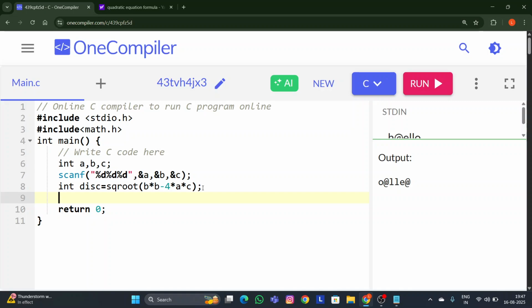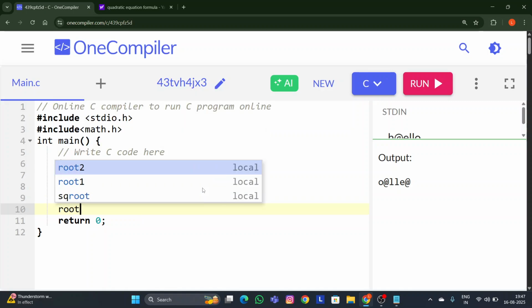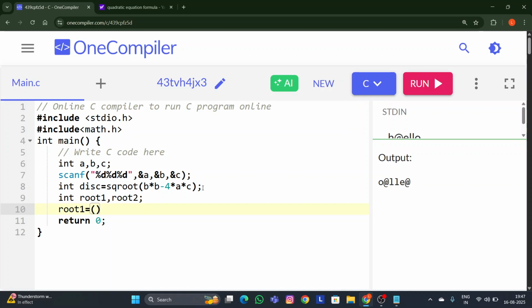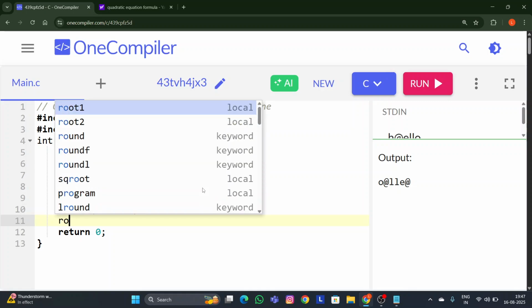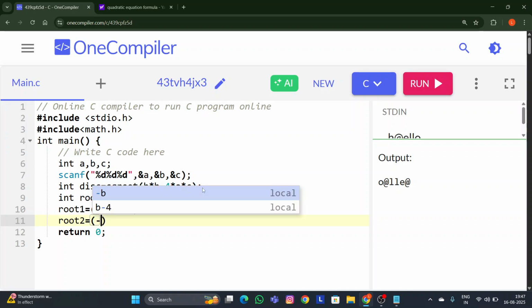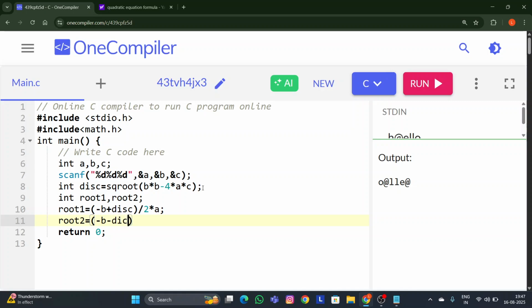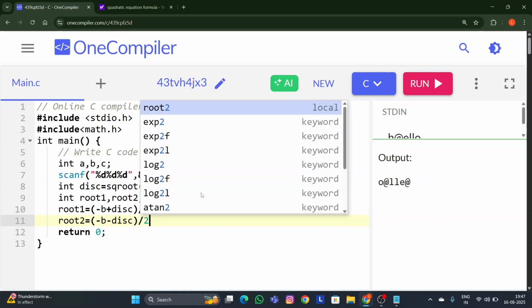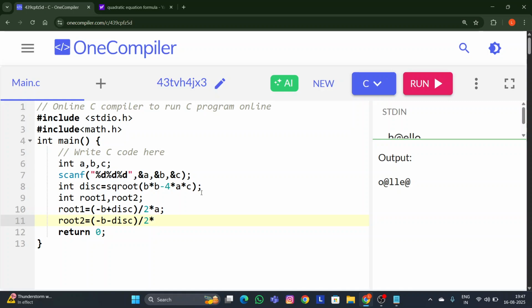So I am initializing root 1 and root 2. Root 1 equals minus b plus disk by 2 into a. Root 2 equals minus b minus disk by 2 into a.